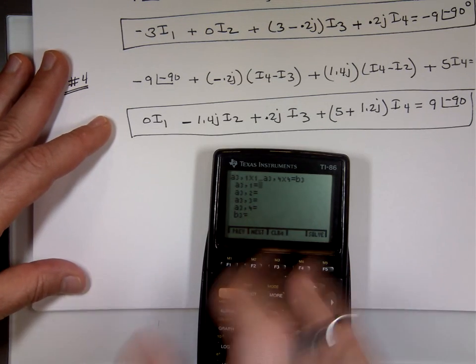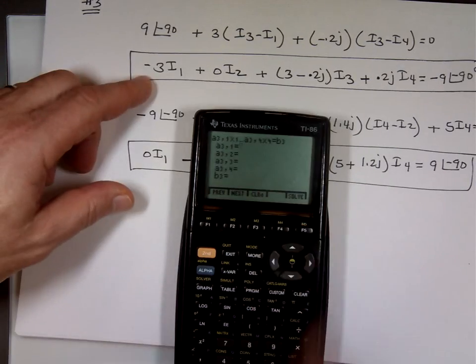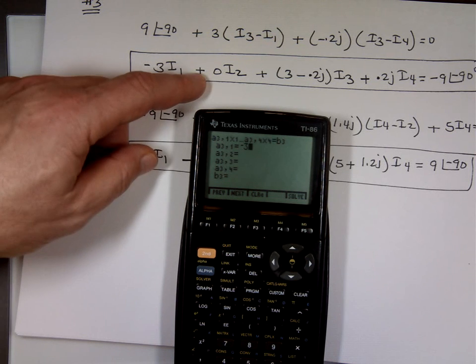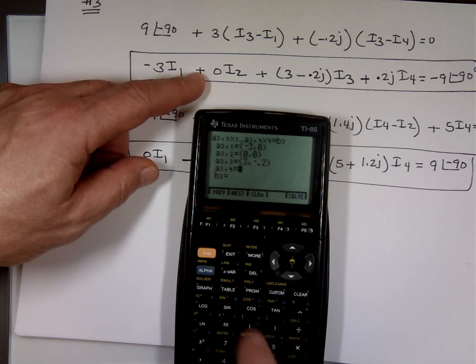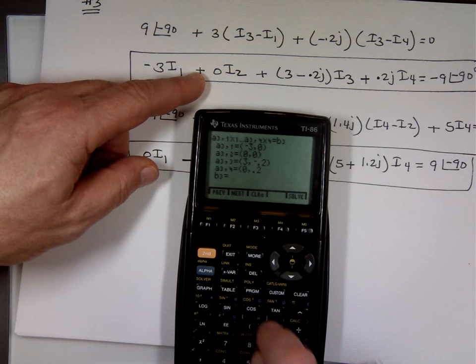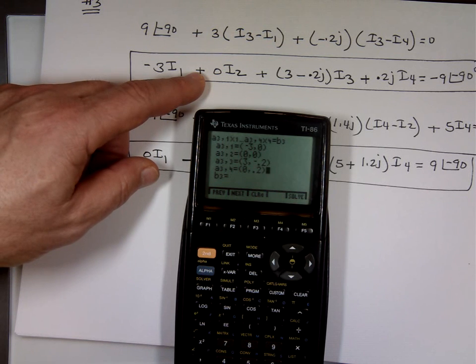So this one, negative 3, 0, then I got 3 comma negative 0.2, and the next one 0 comma 0.2. And this one, it's negative 9 angle negative 90.